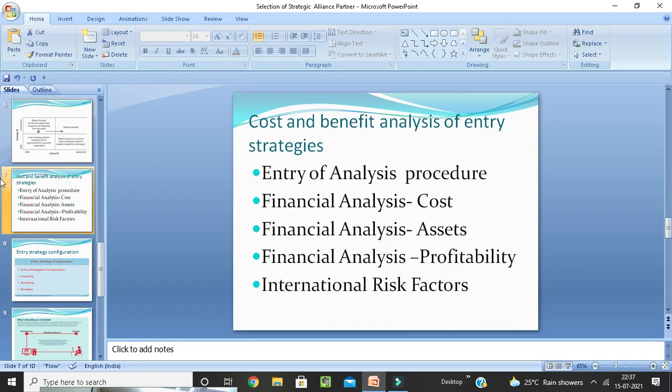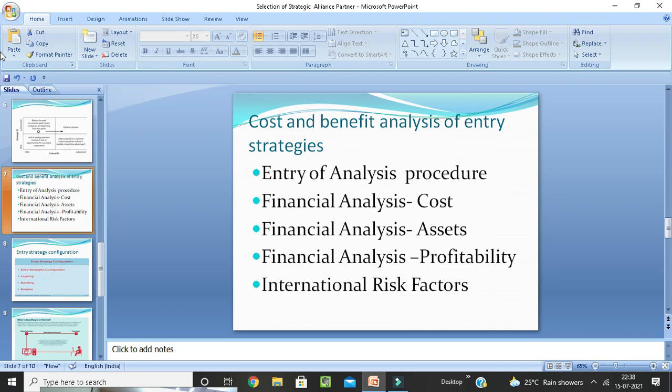Next topic is cost and benefit analysis of entry strategy. See what is entry analysis? The basic requirement for any entry analysis is cost and benefit analysis. The necessary sales projections have to be supplemented with detailed cost data and financial need projection on assets.